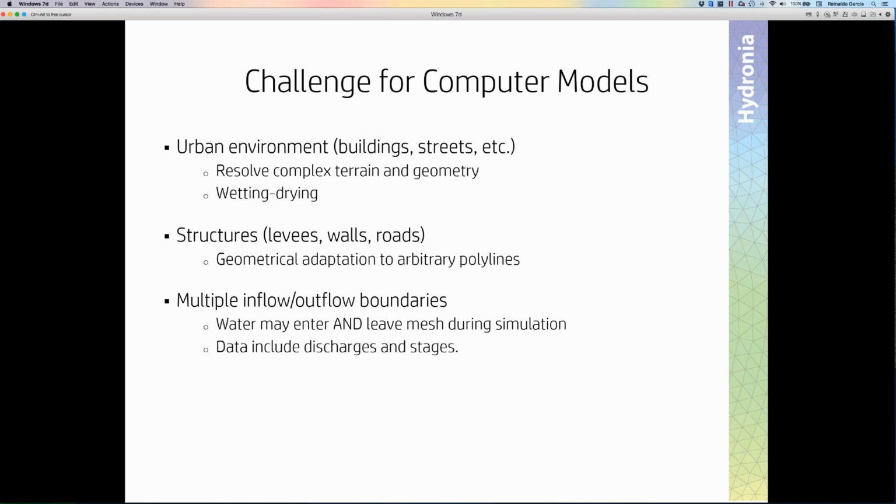So there is a combination of boundary conditions that need to be taken into account. And also, since the storm can occur first on the sea and then on the inland area, the model sometimes needs to account for the rainfall in addition to the storm surge or the tidal influence downstream. So all of these represent challenges to models because the models need to be able to represent these features correctly.